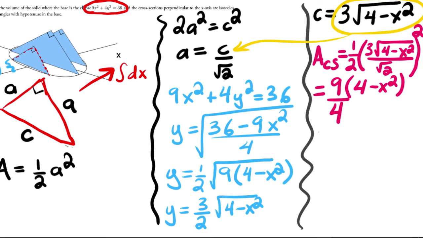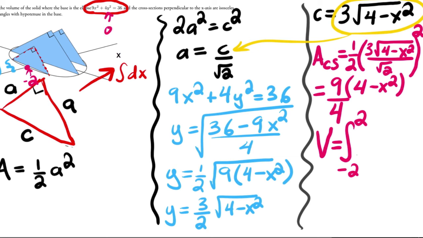And so then what this means is that the volume is equal to the integral from this point right here to the other side of the ellipse. Now these are the x values, and that's going to be from -2 to 2. You can find that by just plugging 0 in for y, and you would get the x values.